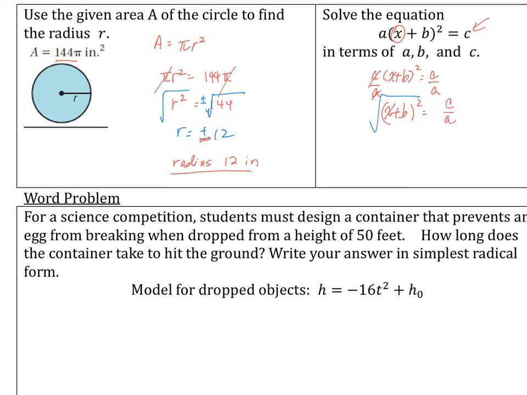Now I'm going to take the square root of both sides. x plus b will equal positive or negative square root of c over a. And x would equal negative b plus or minus square root of c over a. And earlier I said that we're not supposed to have a square root in the denominator, but in this case you could just leave it like this.